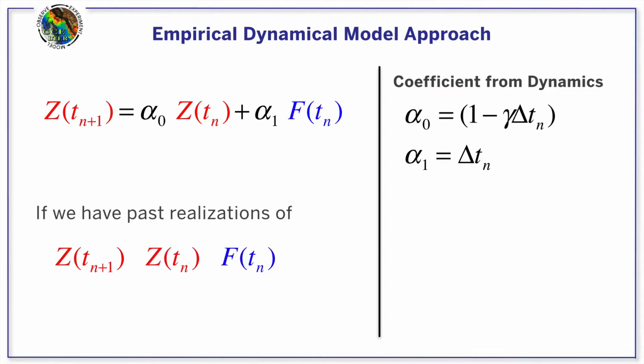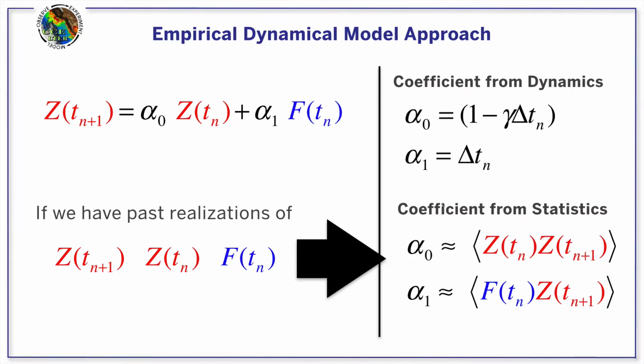Well, in this case, if we had past realizations of, for example, zooplankton occurrences and also the forcing, we could use these past realizations to essentially develop or estimate these coefficients from the actual statistics of the data, and in particular from the statistics of the lag covariance between the zooplankton, for example, today and the zooplankton tomorrow, as well as the forcing today and the forcing tomorrow.